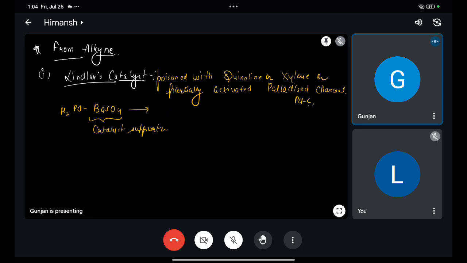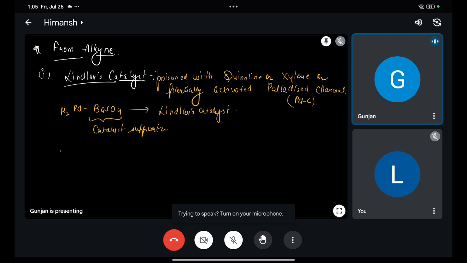Palladized charcoal is like this. This is Lindlar's catalyst. Got it, Himansh? Yes, ma'am, got it, ma'am.